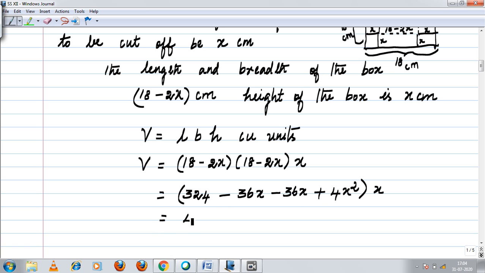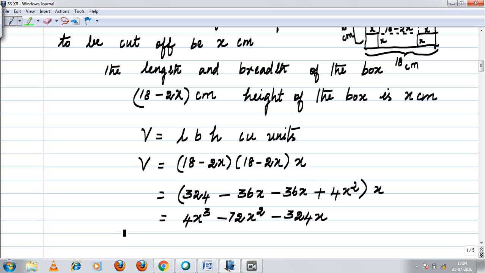Now 4x cube, you arrange the terms in descending order, right? Minus 36x minus 36x, what will you get? Minus 72x square plus 324x. Right children? We finished.